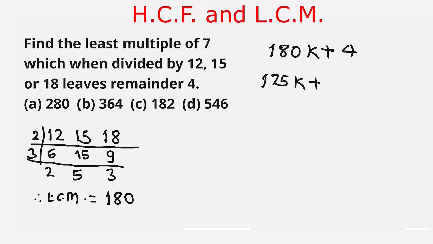175k plus 5k plus 4. 175k is divisible by 7, and we have to make the value of k such that 5k plus 4 is also divisible by 7.